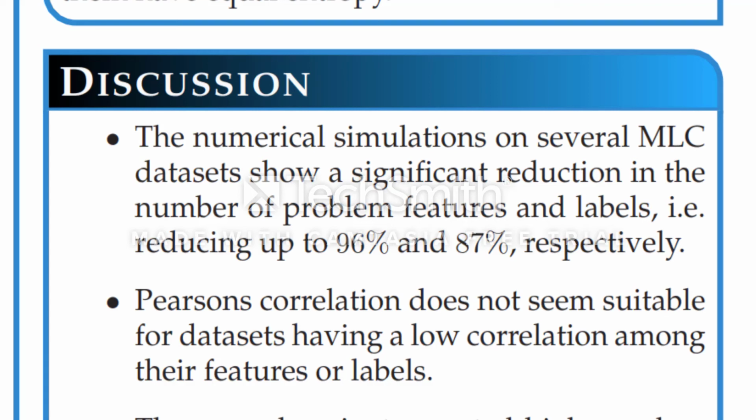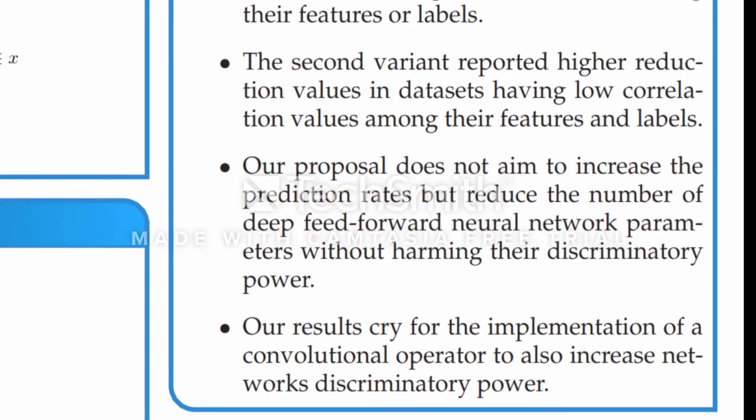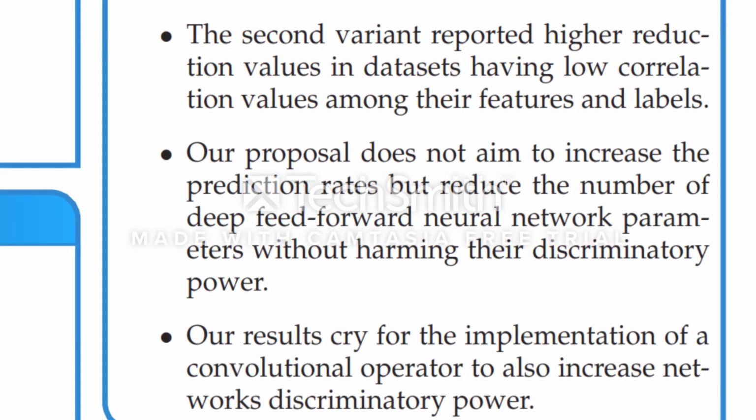Pearson's correlation does not seem suitable for datasets having a low correlation among their features or labels. However, the second variant reports higher reduction values in datasets having low correlation values among their features and labels. Our proposal does not aim to increase the prediction rates but to reduce the number of deep feed-forward network parameters without harming the discriminatory power.